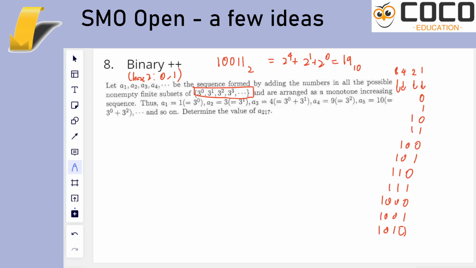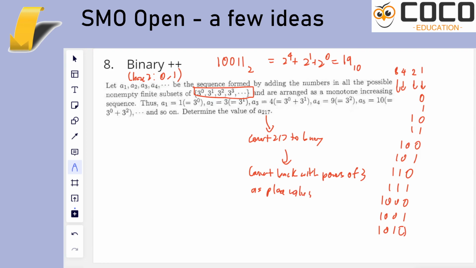To find A217, you're going to convert 217 in binary and then convert that into a value with powers of 3 as place values.